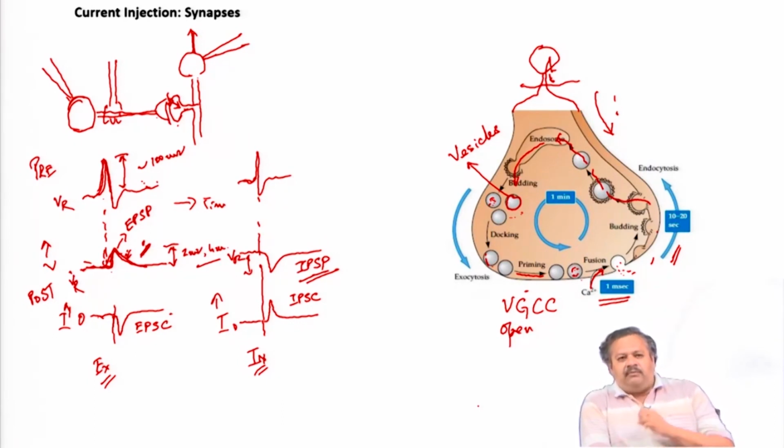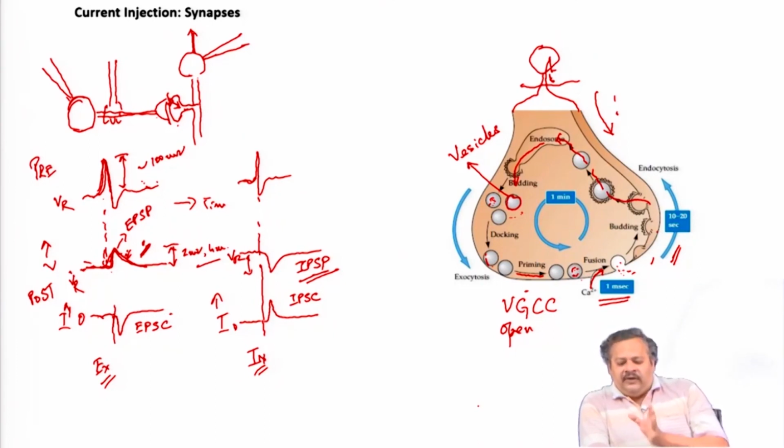So, if we have many action potentials occurring, then it could be that the neurotransmitter available to be released from the presynaptic side has reduced, and so because the probability of release may reduce, that means finally the current injection on the postsynaptic side may also reduce, or the membrane potential change may also reduce.